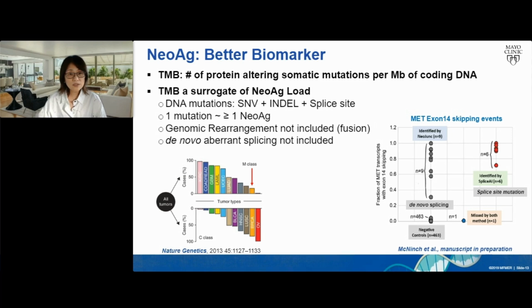Our own work to the right showed that not all splicing events had associated DNA mutations. For 16 lung cancer patients with known MET gene exon 14 skipping events, 9 came from de novo RNA splicings. Only 6 resulted from DNA splice site mutations. Therefore, TMB underrepresents neoantigen load.